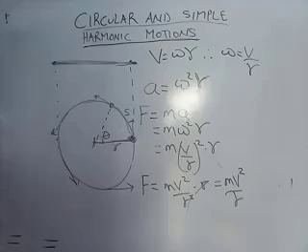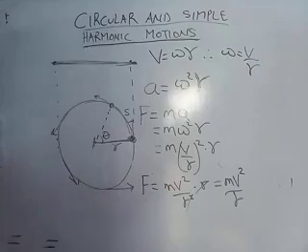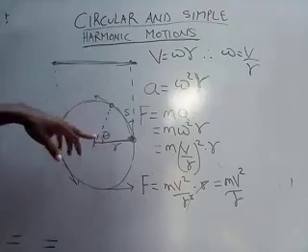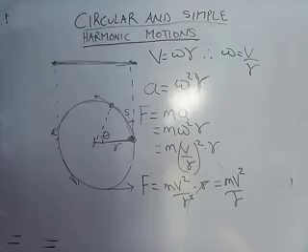So if there is a force pulling it inside to the center, there should be another force pulling it out from the center for the body to be at equilibrium, not falling in. That force is known as centrifugal force. Centripetal pulls to the center, while centrifugal pulls away from the center.